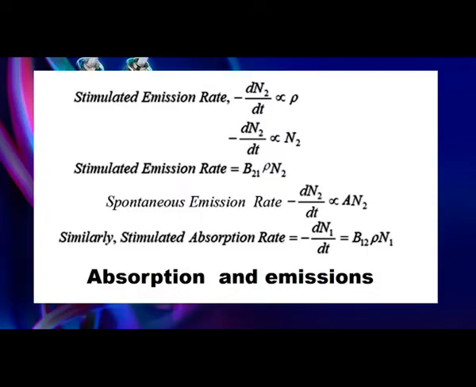Second equation, one word is missing, that is spontaneous emission rate. The stimulated emission rate is proportional to the radiation density, and also proportional to the number of atoms which are already in the excited state. So, all put together, I can now say the stimulated emission rate is equal to B21 rho N2, where the letter B21 represents Einstein's stimulated emission coefficient.